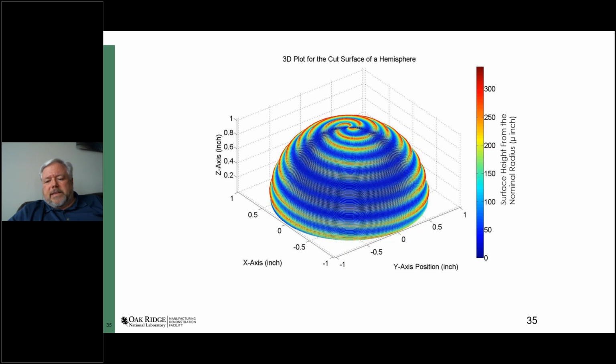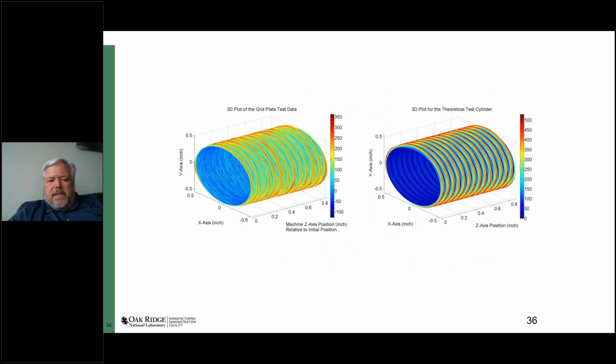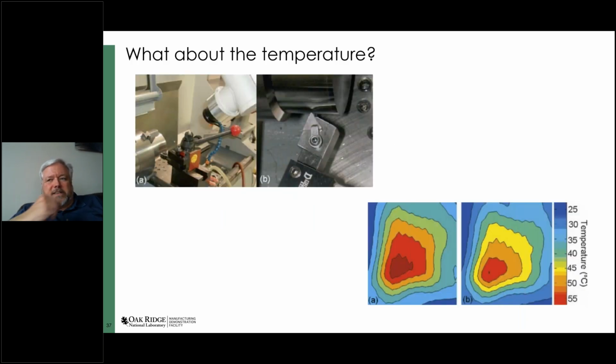Blue, again, in this case, is good. So here it is shown for a cylinder. And again, I have to choose the conditions correctly. If I just randomly pick, the chips break, but it doesn't leave a very nice surface. And if I pick correctly, then the chips break, and at the same time, I also get a nice surface.